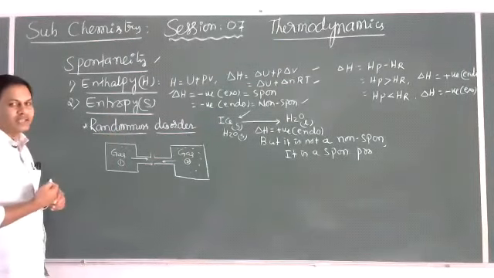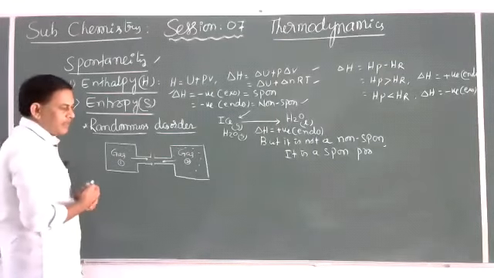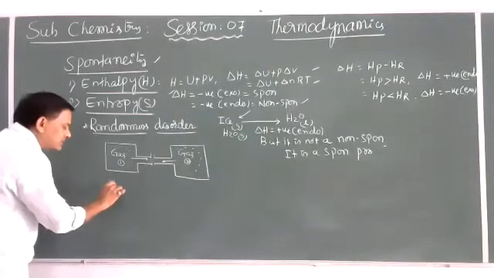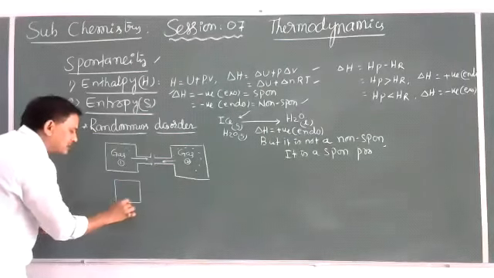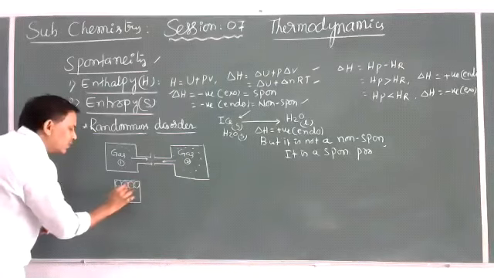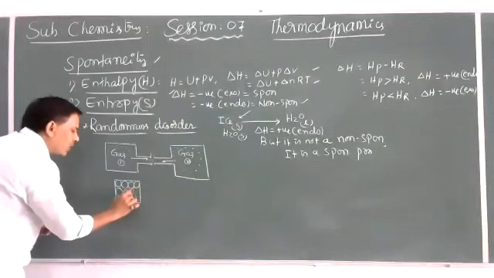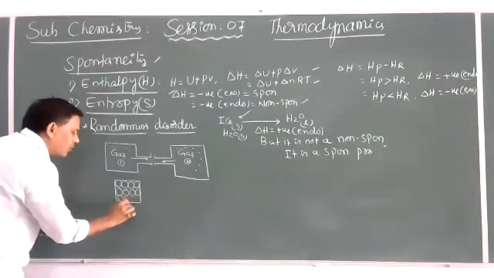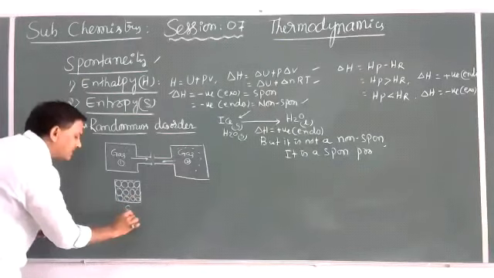Then what is randomness or disorderness? Generally, in a solid, all the particles are perfectly arranged. There is no disorder; a particular order is there. All the molecules are orderly arranged. It is a solid.